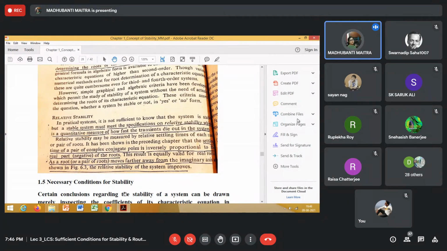Can you tell me one or two such terms that you have already studied? Terms used to describe the relative stability of a system.